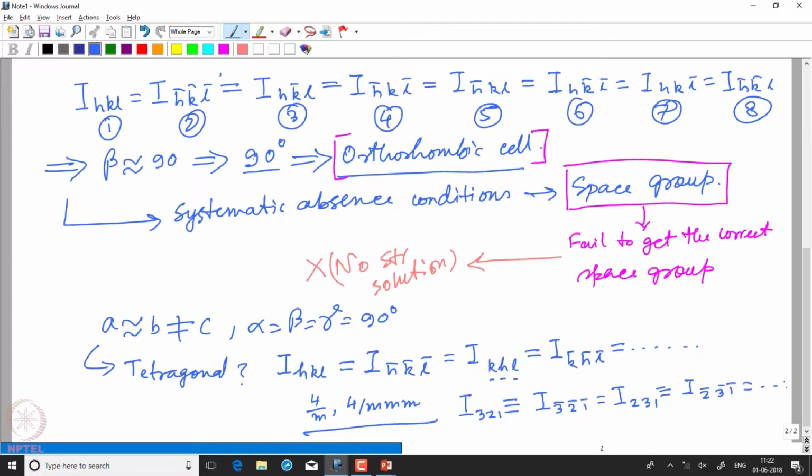So this is what is meant by K H L or K bar H L bar, K bar H bar L bar, because the indices get changed but the numbers remain the same. So this way one can actually identify the correct Bravais lattice at the end of data reduction.